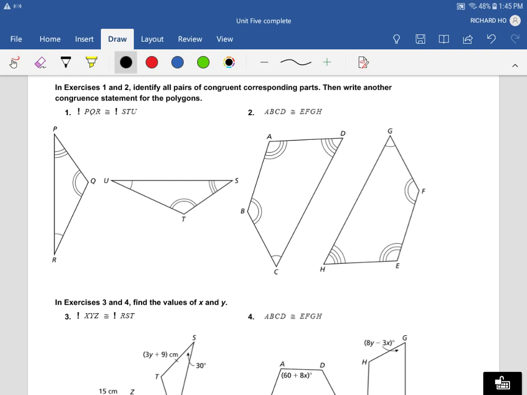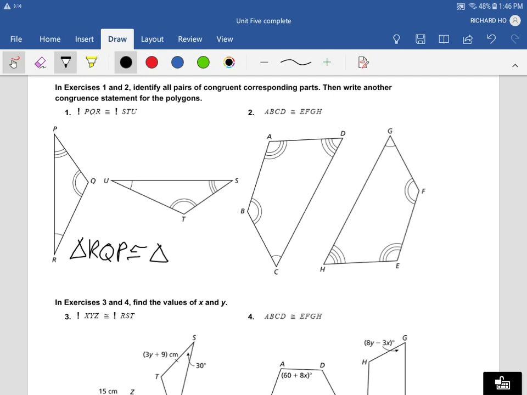Okay, so for these, you're just rewriting these statements. So if you put them in a different order, let's say you do this one, triangle RQP. What letter matches R? That's right, pay attention. We got R as the third one, so U matches.